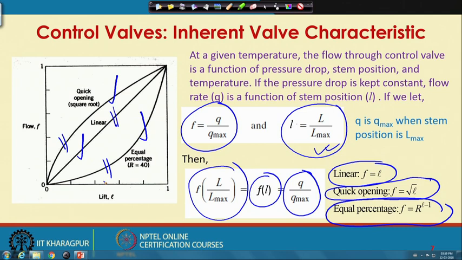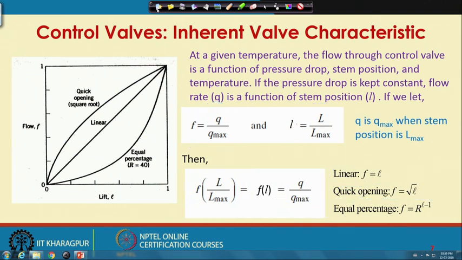What you can see is, as the lift increases, the flow linearly increases for linear characteristics. For a control valve showing linear characteristics, as the lift increases, the flow through the valve changes linearly.